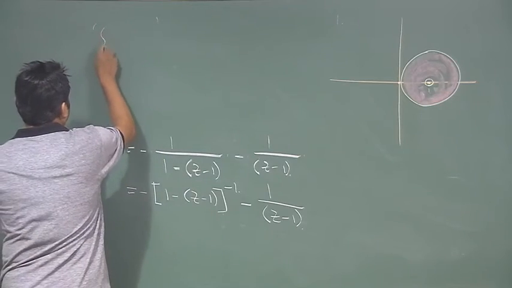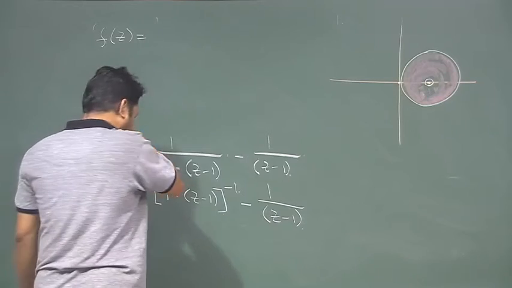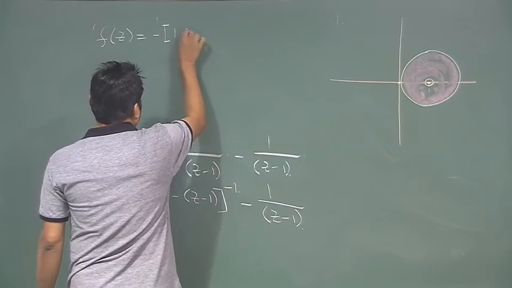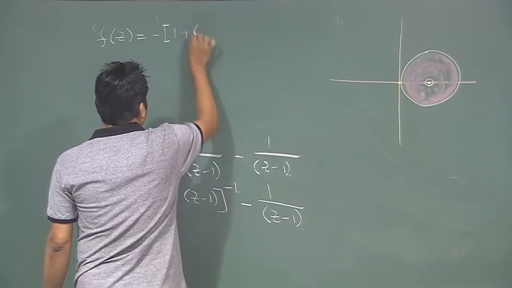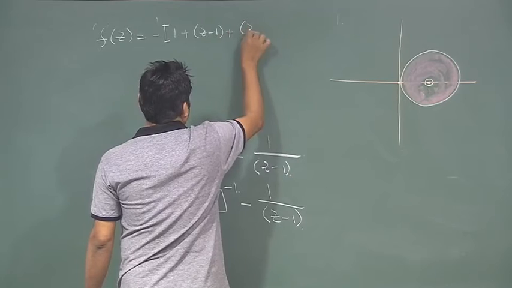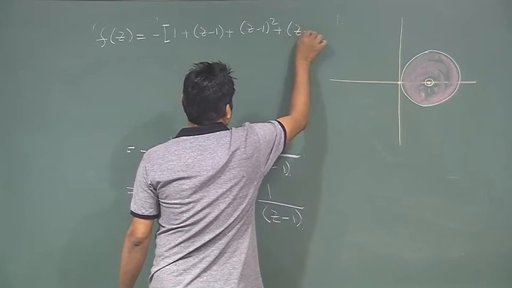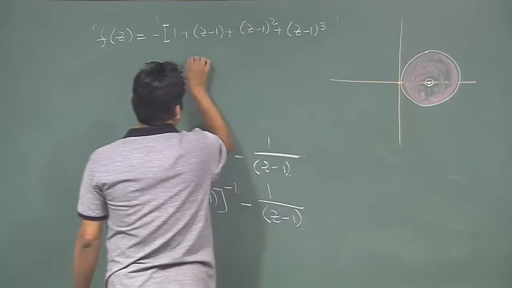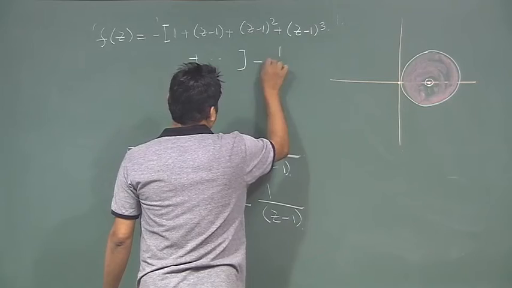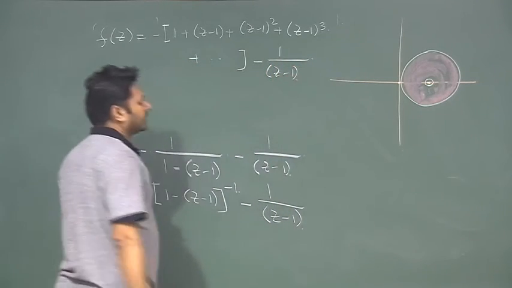F of z will be minus of 1 plus z minus 1 plus z minus 1 square plus z minus 1 cube and so on, minus 1 by z minus 1. It will be something like this.